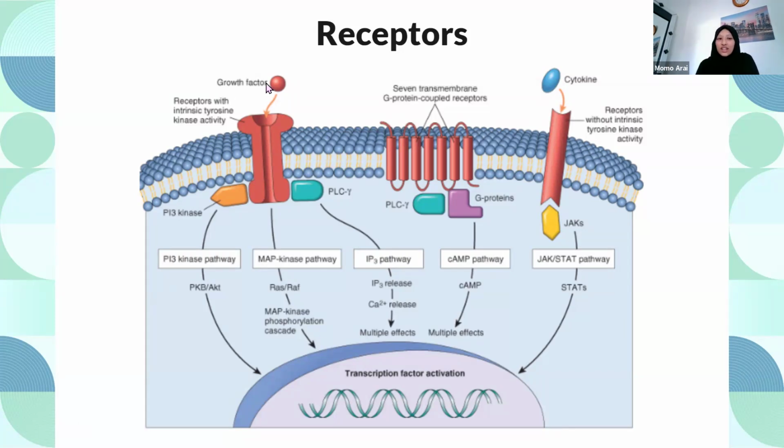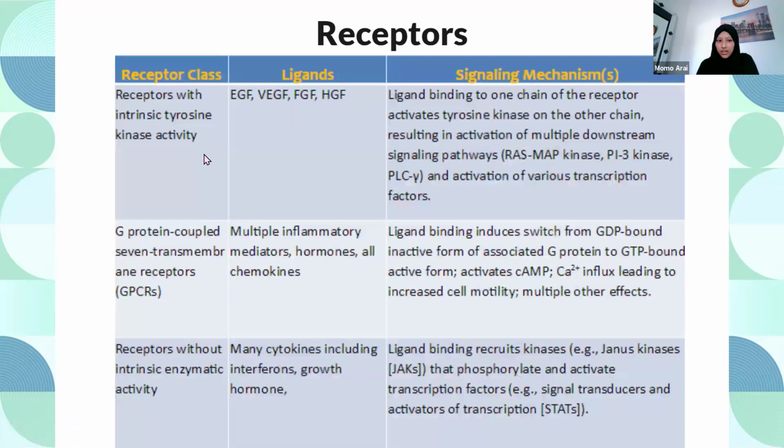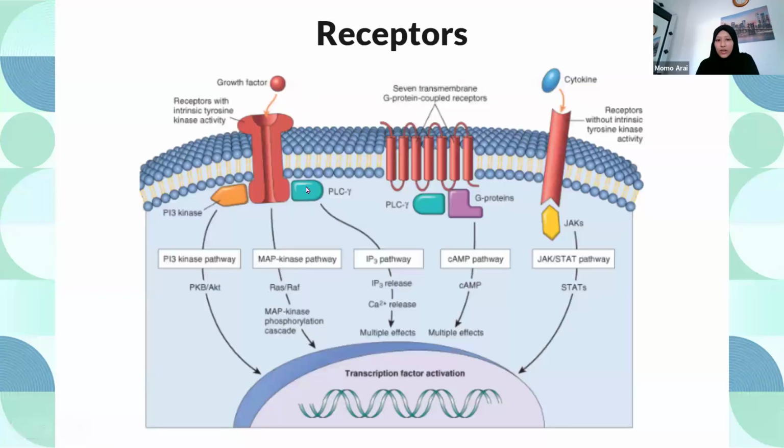Now, our main focus is here: the intrinsic tyrosine kinase activity is the one that receives the growth factor most of the time, as you can see in this table. It has different pathways, three different paths.